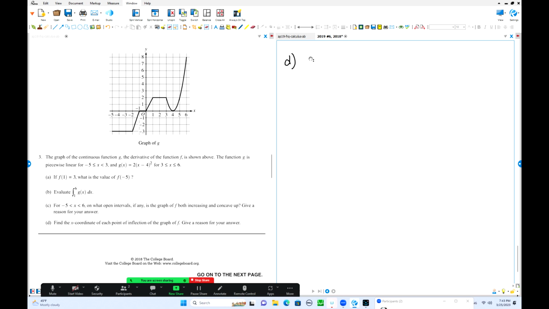Given the region here, and here and here and down over here, and quadratic. This is actually f prime x, which is equal to g of x.